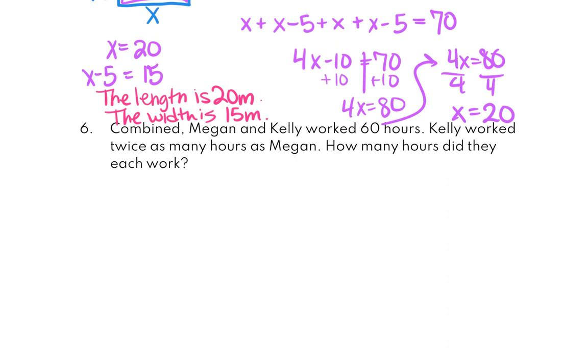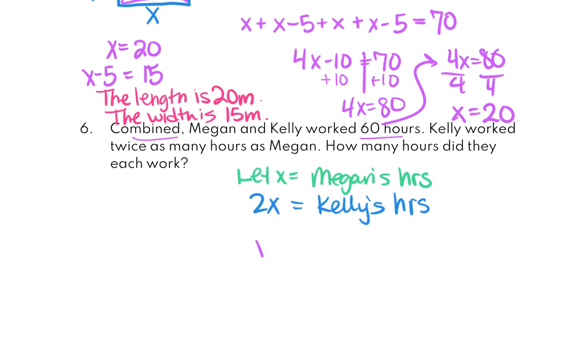When we assign our variables, it's Megan that we know nothing about, so we're going to let x equal Megan's hours. We know that Kelly worked twice as many hours as Megan, so 2x is Kelly's hours. We know combined they are 60 hours, so we have x, Megan's hours, plus 2x, Kelly's hours, and that's going to give us 60.